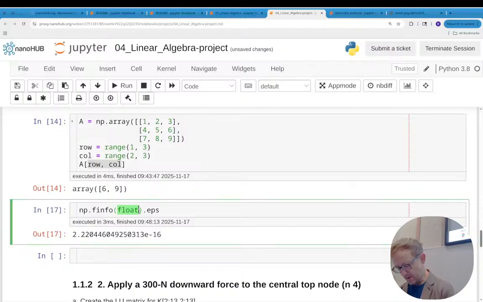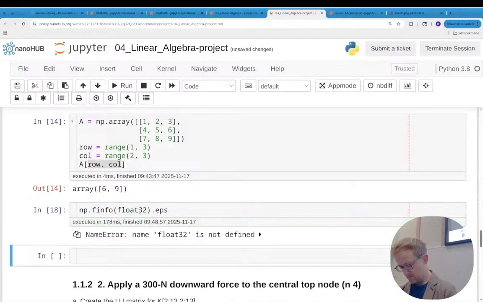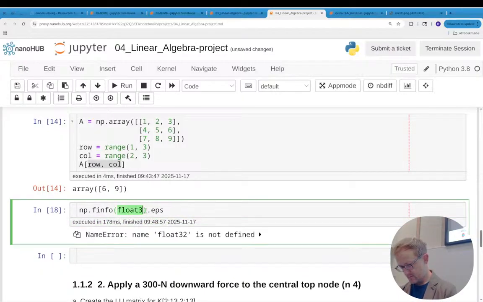I think we can actually ask for it. Float 32? No. I think there's an option.